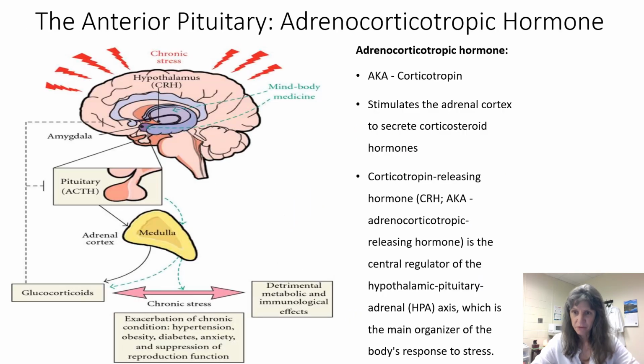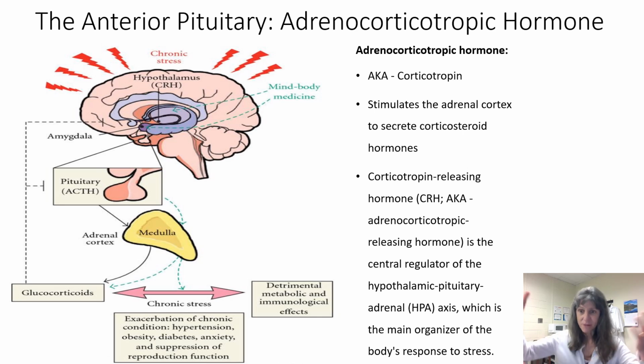Another hormone produced by the anterior pituitary is adrenocorticotropic hormone. Adrenocorticotropic hormone, also known as corticotropin, is going to stimulate the adrenal cortex to secrete what are known as corticosteroid hormones.